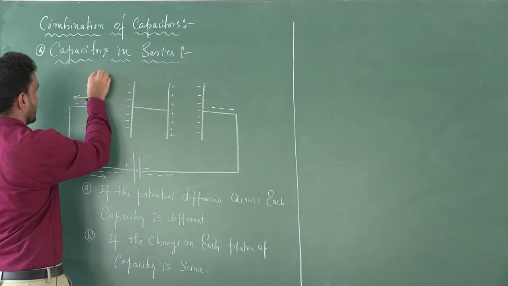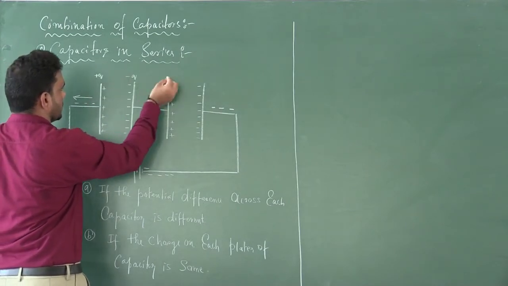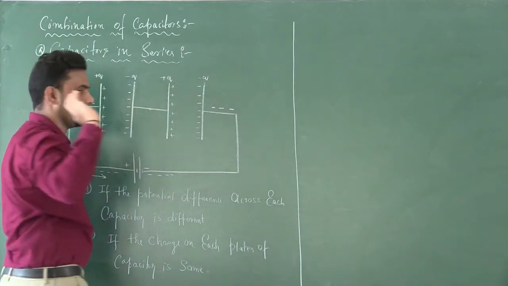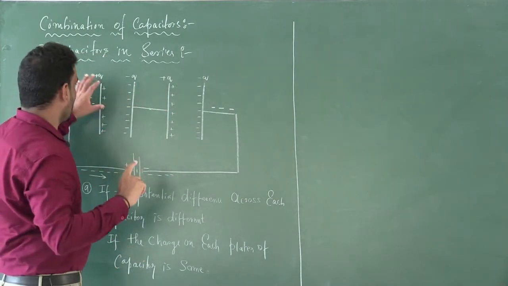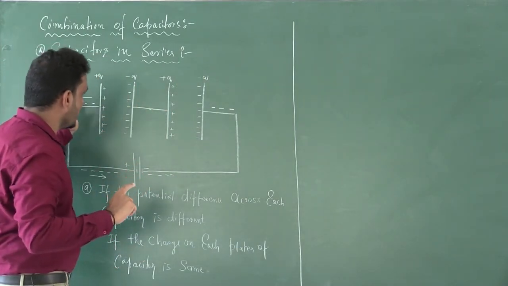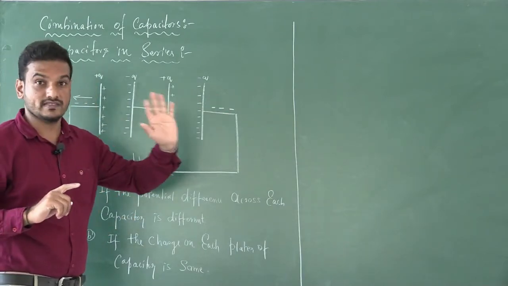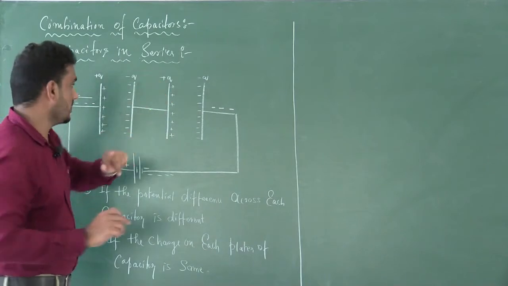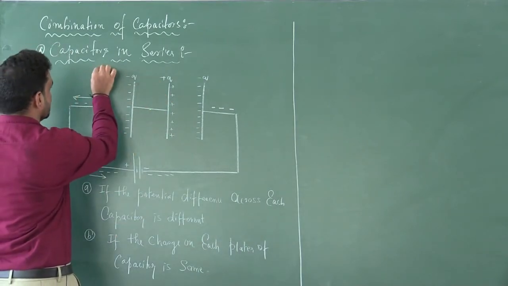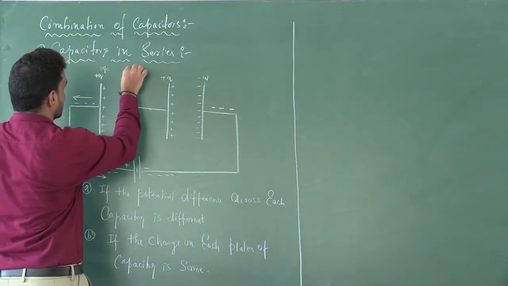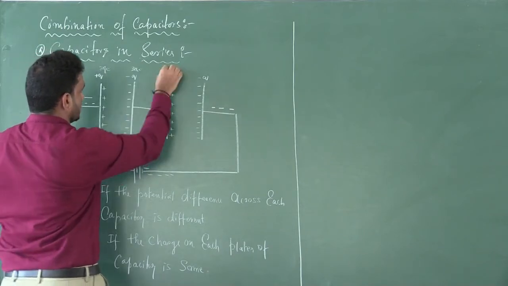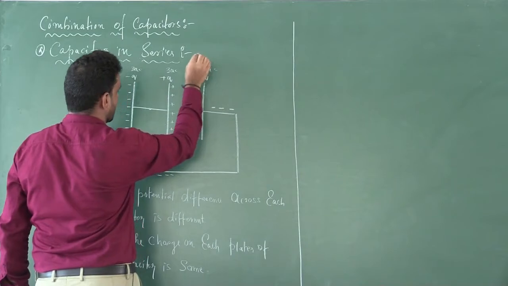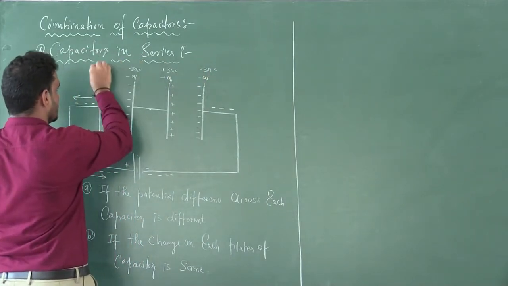So this is plus Q, minus Q, plus Q and minus Q. But you have to note one point: the magnitude of the charge on each plate of the capacitor is same. Since we are talking about series combination, for example, here 3 microcoulomb means here also 3 microcoulomb, here also 3 microcoulomb, here also 3 microcoulomb. This is negative, here negative, this is positive, this is positive.